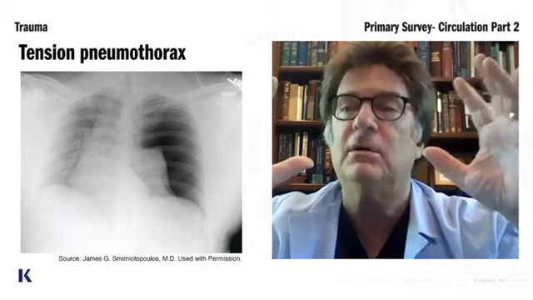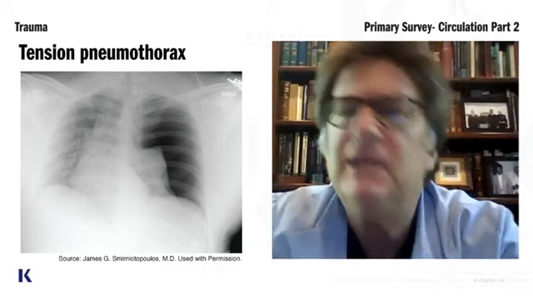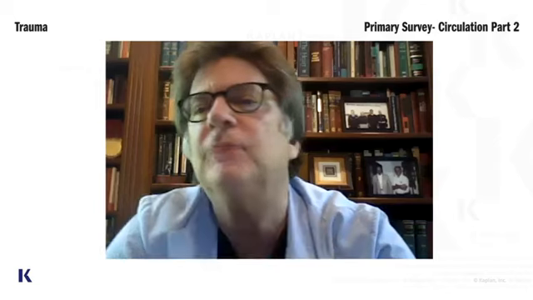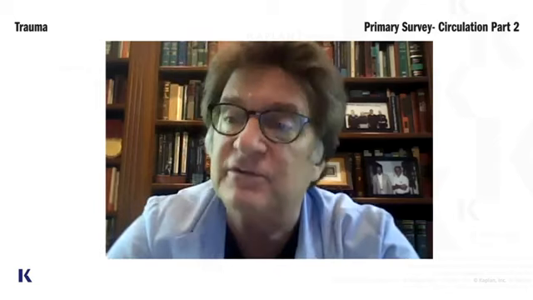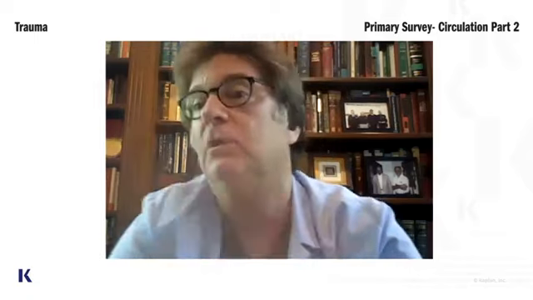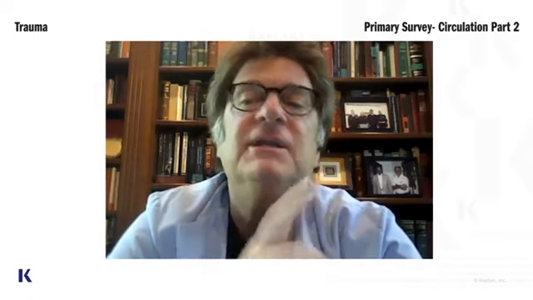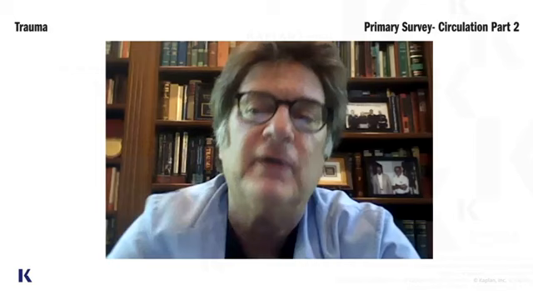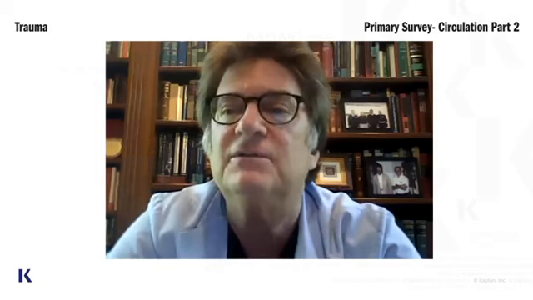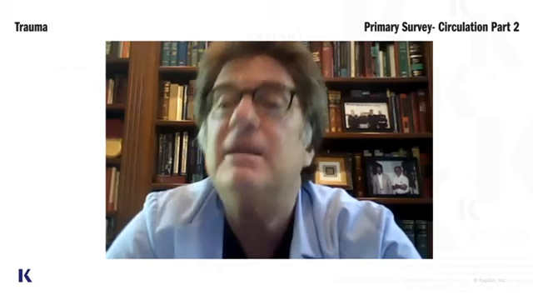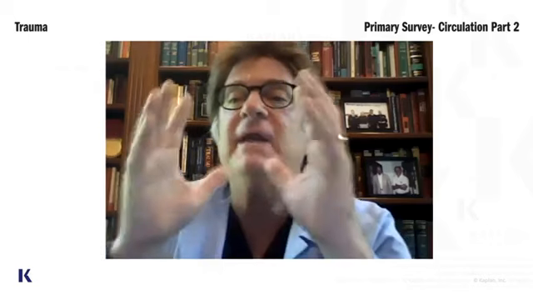Now, in a regular, simple pneumothorax, the maximum pressure in your chest is the outside world. But in a tension pneumothorax, the pressure inside the chest can be greater than atmospheric. And what happens?